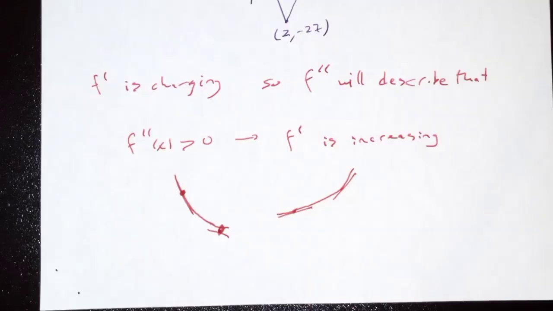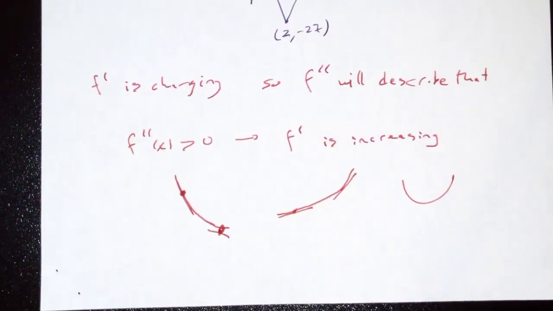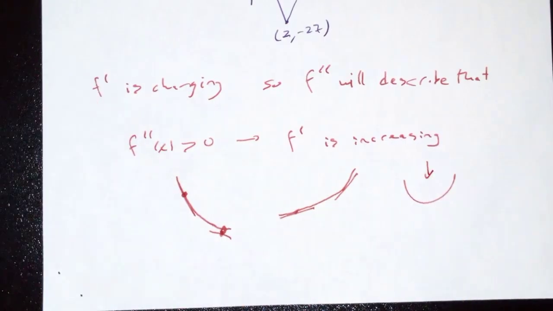And if I picture this curve all the way across, then it would look something like that, right? That's a cup. It holds water. The concave versus convex, the part that holds, is up.